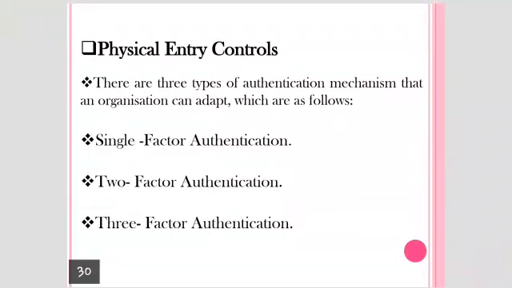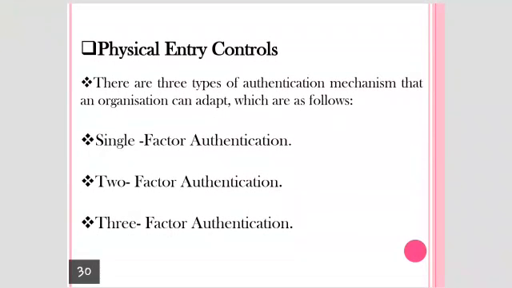So these are the things related to physical entry control. How do we control physical entry? By examining the physical characteristics: by biometric, by password, by identification card, by examining the smart card, the tokens if given, the voice recognition, the signature recognition, and the password.